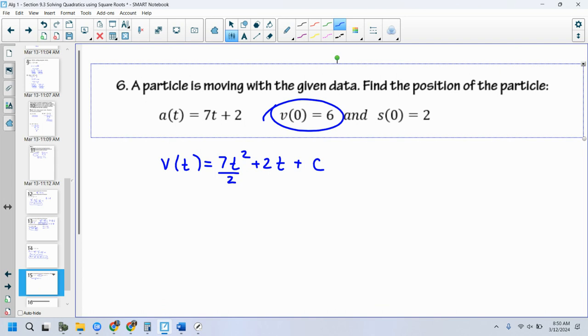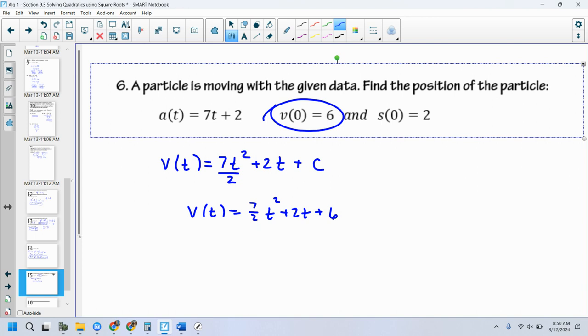Plug in 0 as your t value and that as your v of t, so 6. So we would say 6 is equal to 7 times 0 squared plus 2 times 0 plus c, but those go away. So I can say that v of t is 7 over 2t squared plus 2t plus 6. If you wanted to make that a 3.5, that's fine as well.